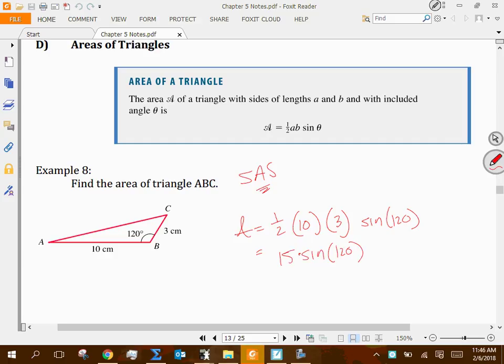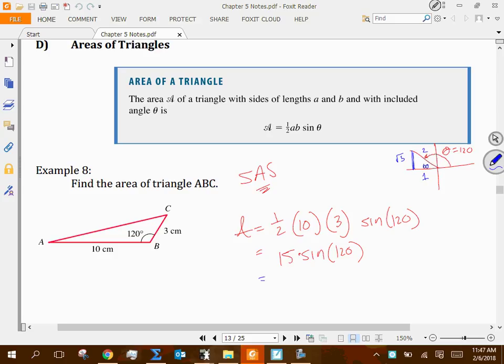Now, if I was wanting exact values for sine of 120, theta is 120. So my reference angle is this 60 degrees. Across from 60 is always going to be my radical 3 side. Across from 30 is always my 1 side, and this is 2.